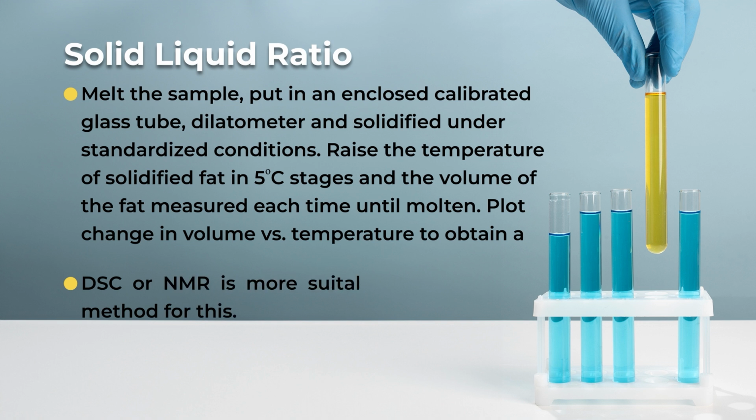The best technique to do this is differential scanning calorimetry, in which the material is put in the pan of the DSC and you check the energy involved, because basically this is a phase transition. As I told you, solid liquid ratio is important for foods which are temperature sensitive.